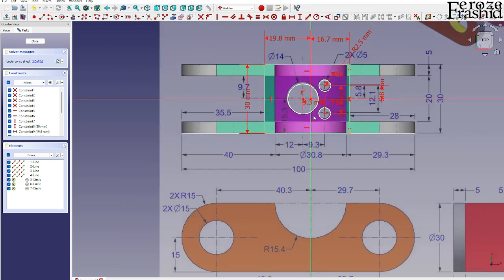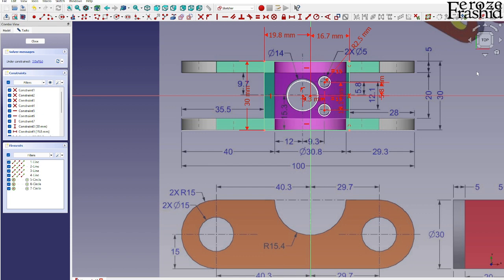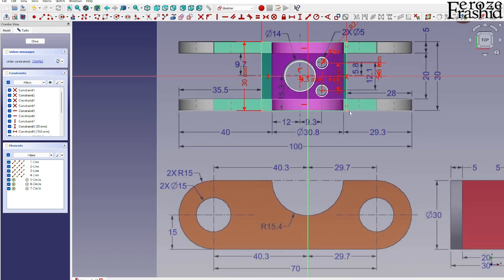Between this point and this point the distance is, from here to the center, 40.3, plus we come here and then come 15 more. That puts us right at the end, and then we take back 40, so minus 40.